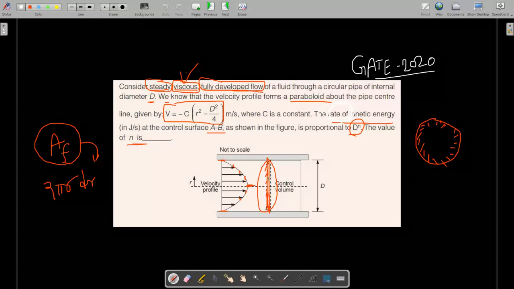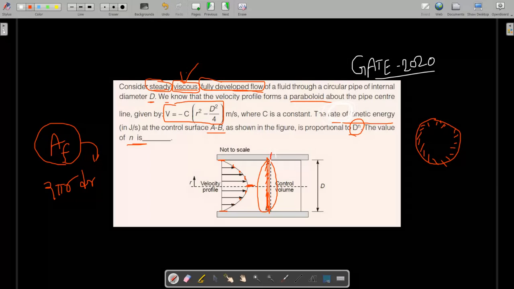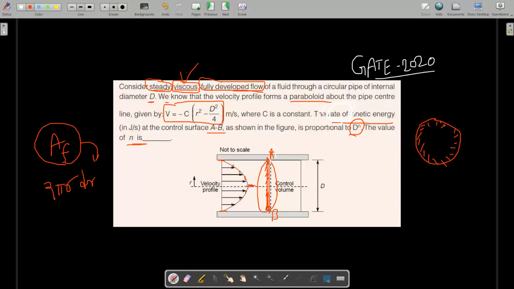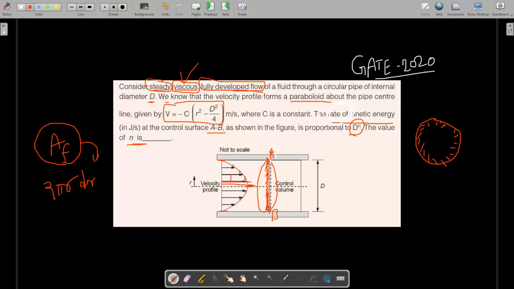But for this whole control volume from a to b, we will go step by step from a small elemental strip horizontally from center to radius.